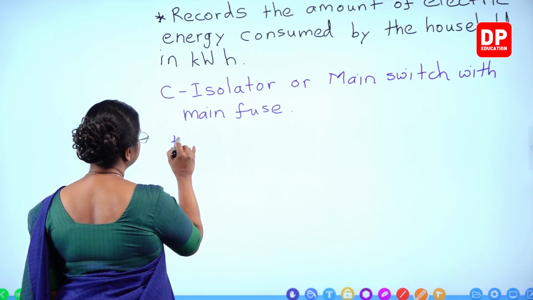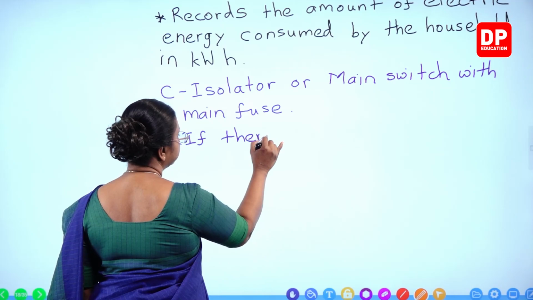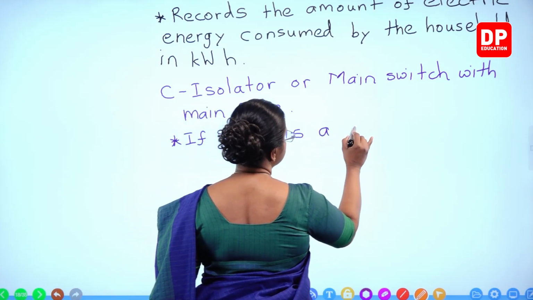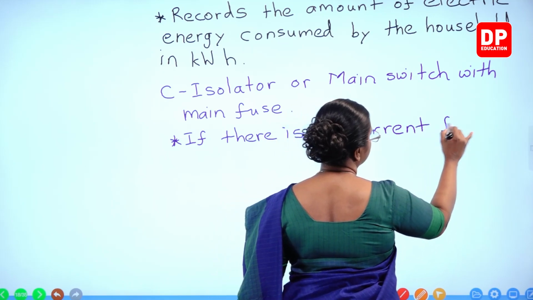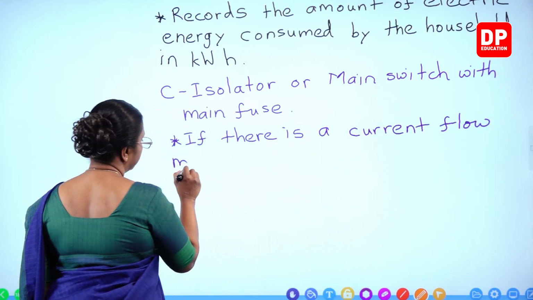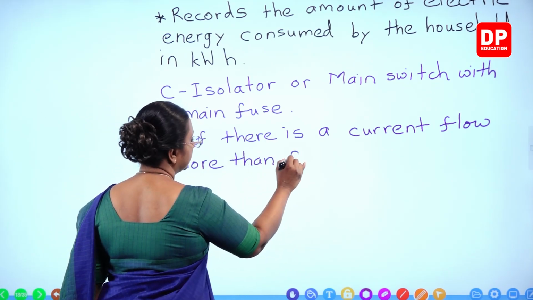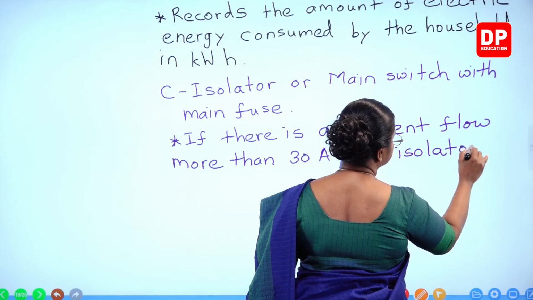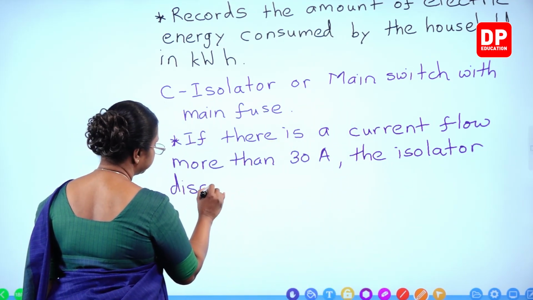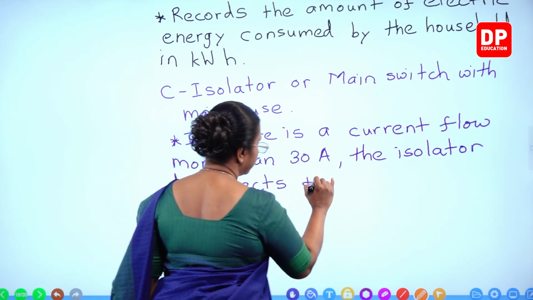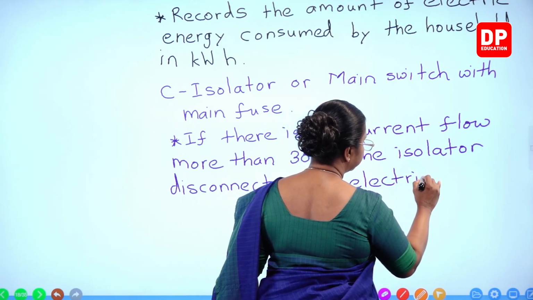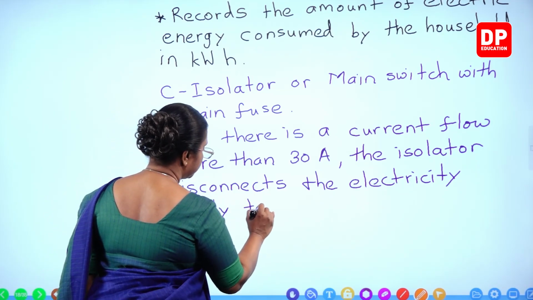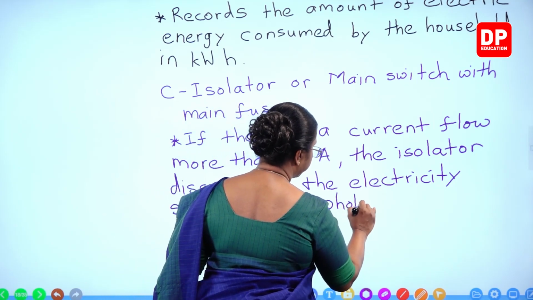So here we can see, if there is a current flow more than 30 amperes, the isolator disconnects the electricity supply to the whole household.